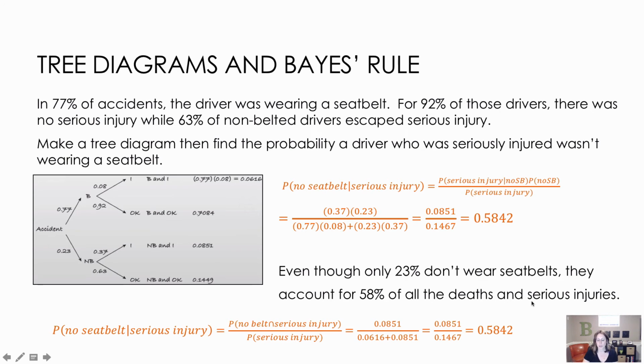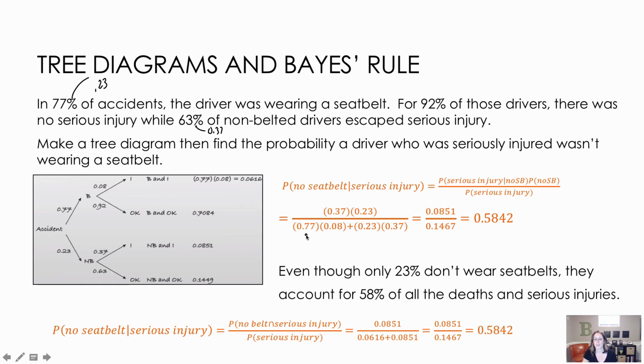Now, I could also do this with Bayes' rule. This time I showed all of the work. So with Bayes' rule, I would say the probability of serious injury given no seatbelt, that was given to me, the 0.37, the complement of that. And then the probability of no seatbelt, which was the 0.23, again, 0.23 coming from here.